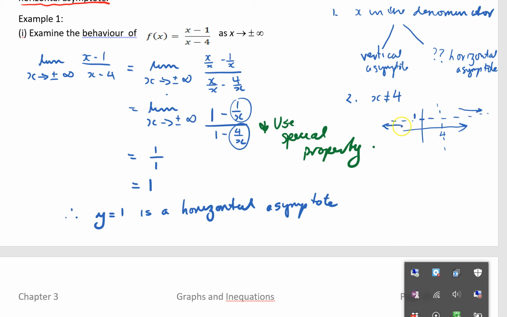The other thing we've got to investigate is what is happening as I approach 4 from the left-hand side, and what is happening to the y values as I approach 4. Oh, did I just say right when I meant left? Anyway, what is happening to our function values, our y values, as I approach 4 from this side?